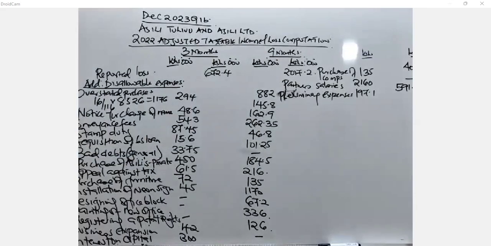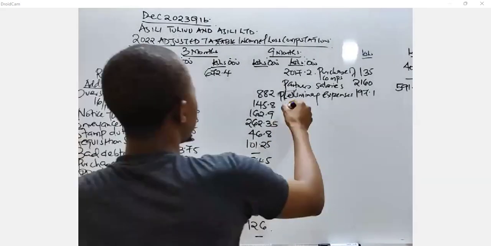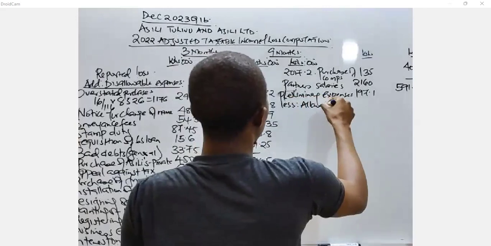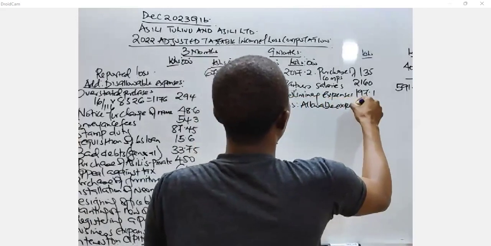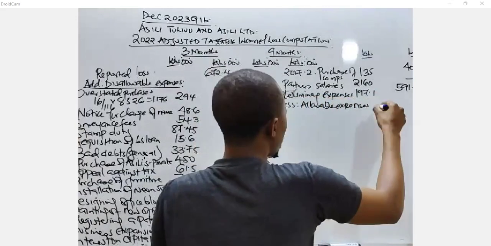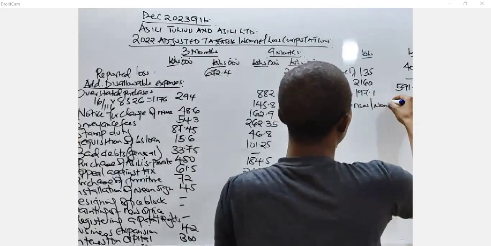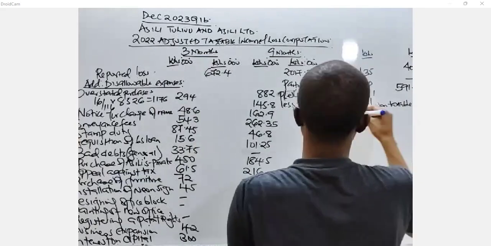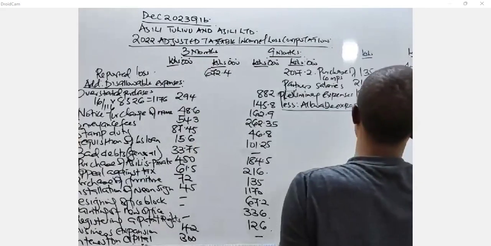We go to the less expenses. We talk about less allowable expenses, or we talk about non-taxable incomes. Non-taxable incomes there, right?